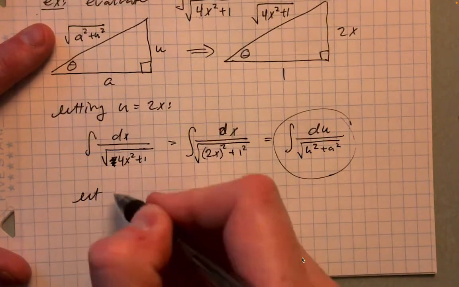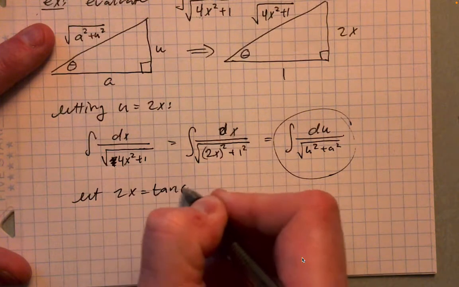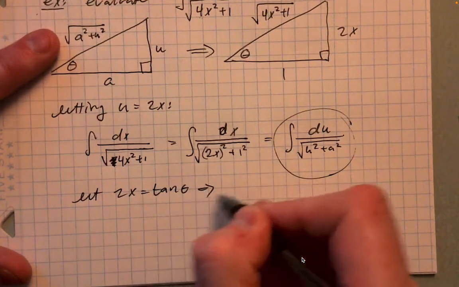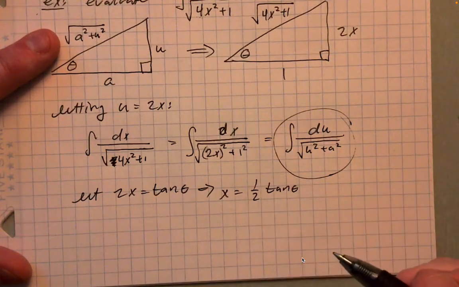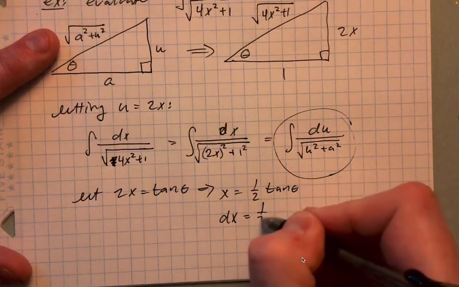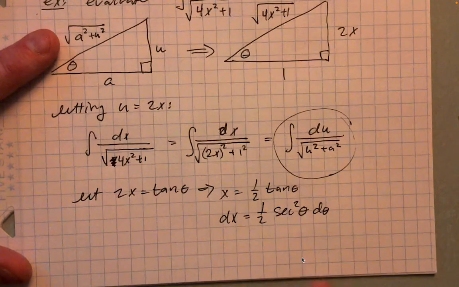So we'll let 2x equal the tangent of theta. Then x is equal to 1/2 tan theta. And that means dx is equal to 1/2 secant squared theta d theta.